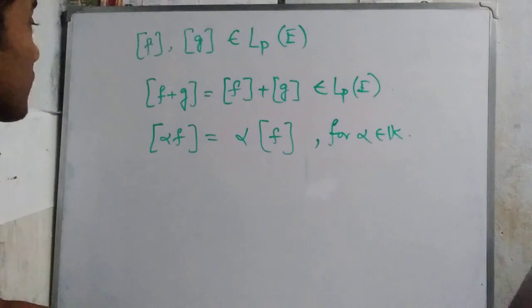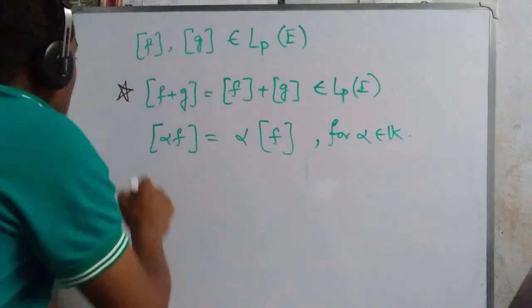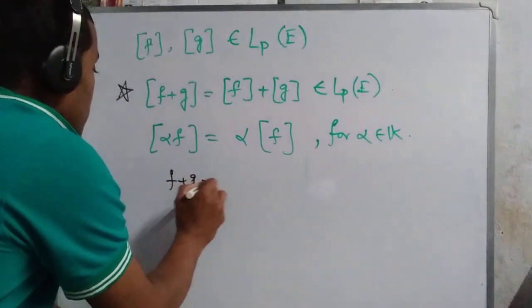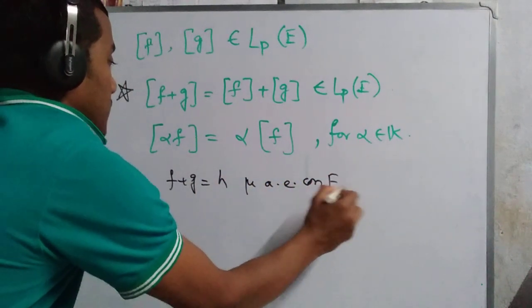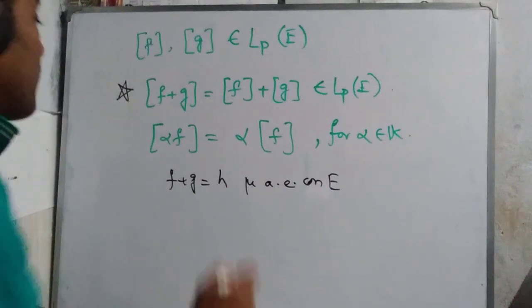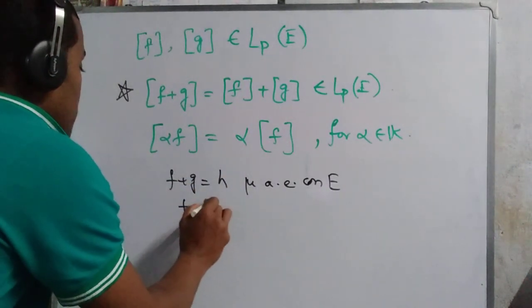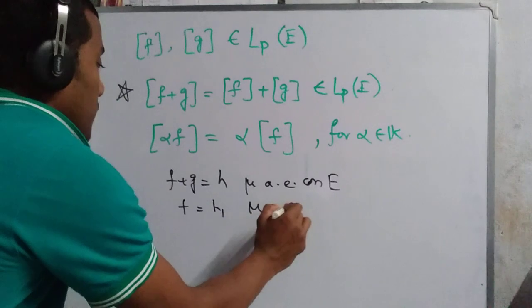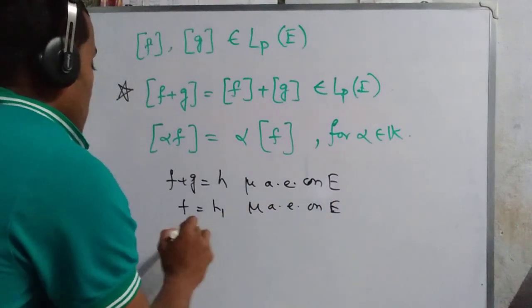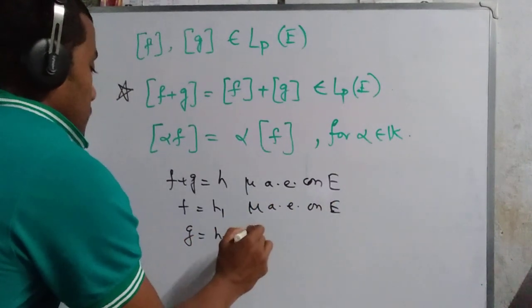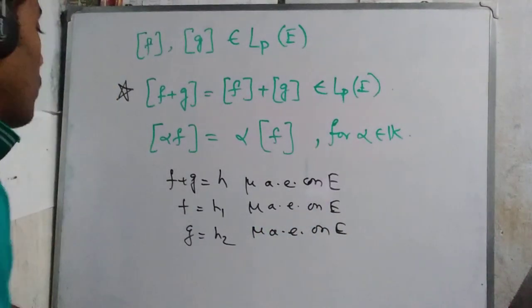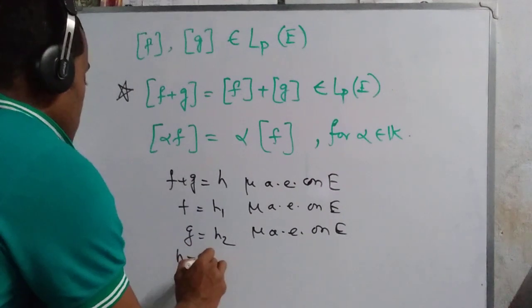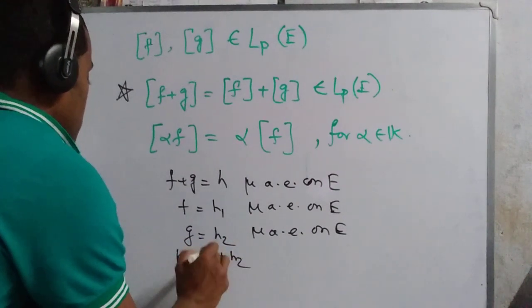In short, we discuss this one. How f plus g equal to h mu almost everywhere on E? Okay, and here f equal to h1 mu almost everywhere on E, and g equal to h2 mu almost everywhere on E. So we put here h equal to h1 plus h2.